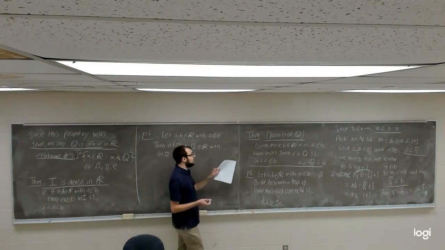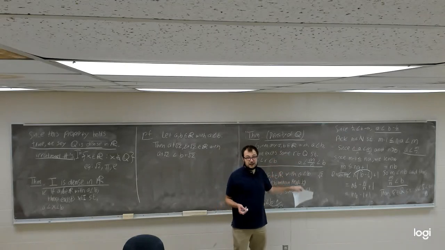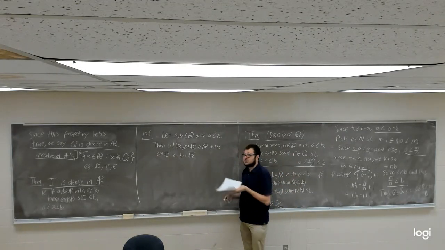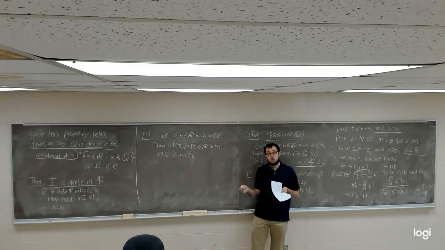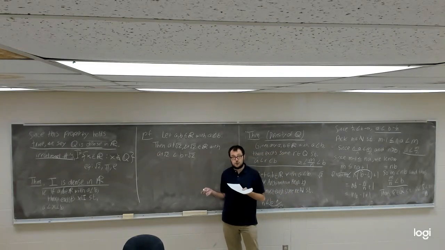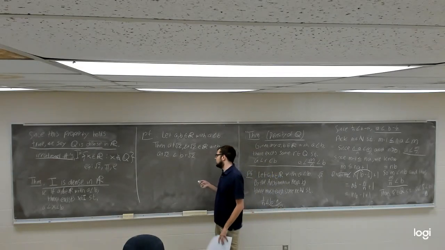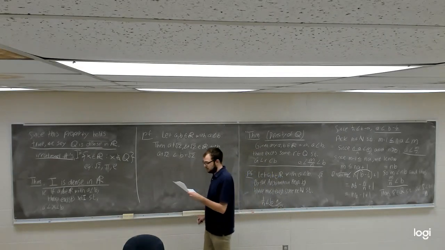And now I'm going to use the density of the rational numbers to say a plus root 2 and b plus root 2 are two real numbers. One is less than the other. Therefore, there should exist some rational number in between a plus root 2 and b plus root 2.